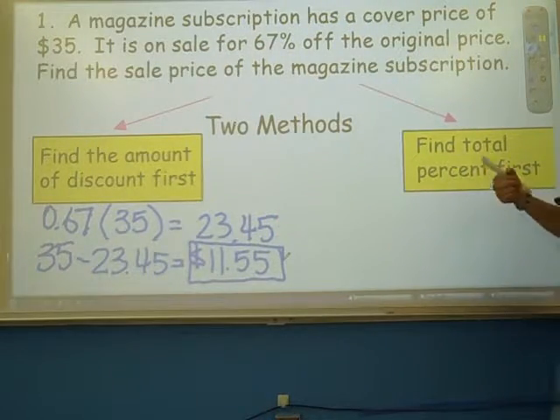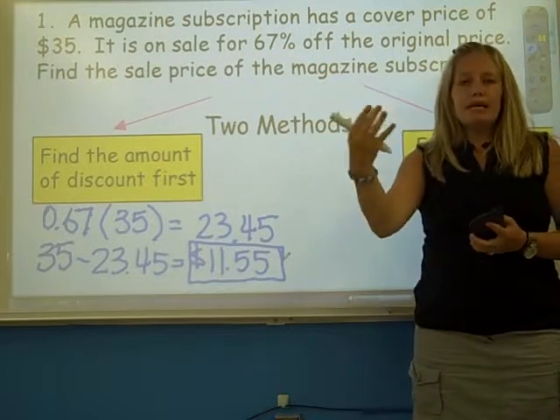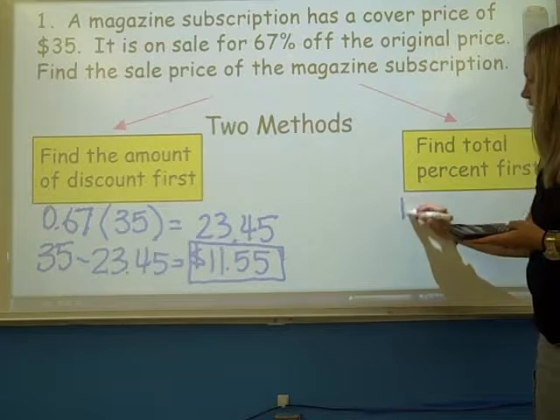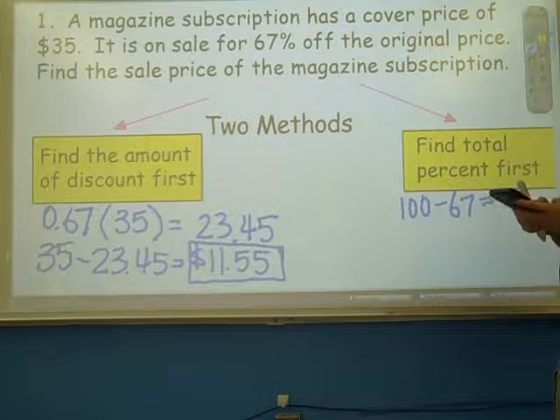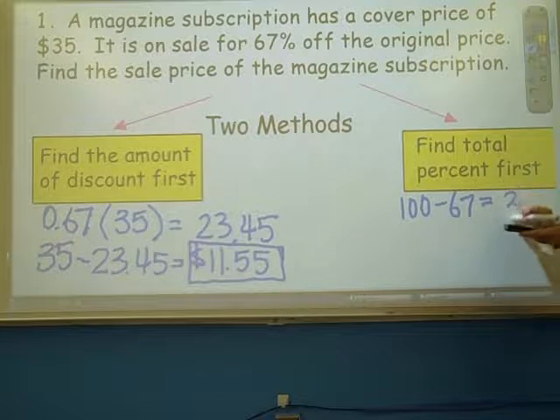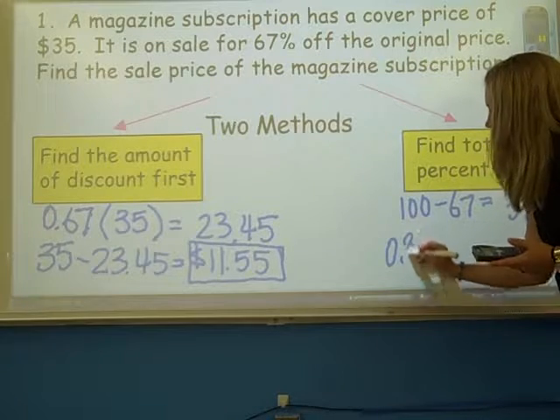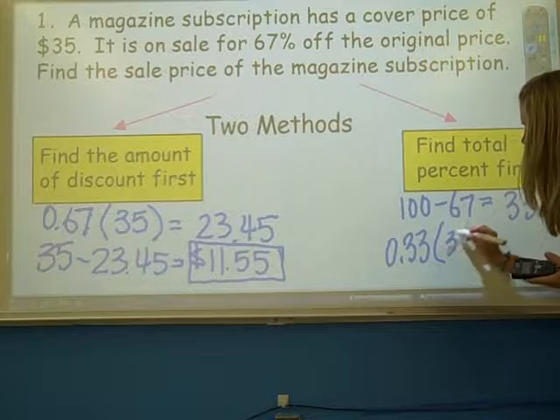The second way is, if they're taking off 67%, what is the remaining amount that you have left to pay? So you can do 100% minus the 67% is 33%. So I'm going to take 33%, that's all that you have left to pay, of the $35.